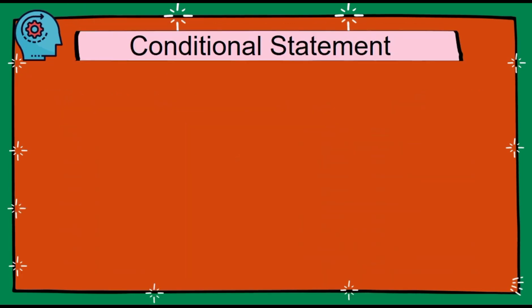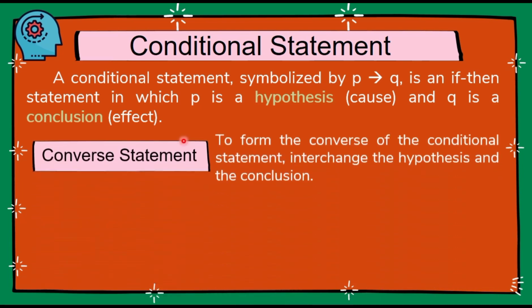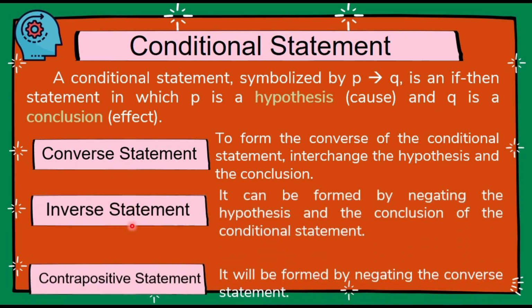Conditional statement. A conditional statement symbolized by P implies Q is an if-then statement in which P is a hypothesis or cause and Q is a conclusion or effect. Meaning to say, a conditional statement is composed of two parts, namely the hypothesis or cause and the conclusion or effect. A conditional statement can also be translated into three other conditional statements, namely converse statement, inverse statement, and contrapositive statement.